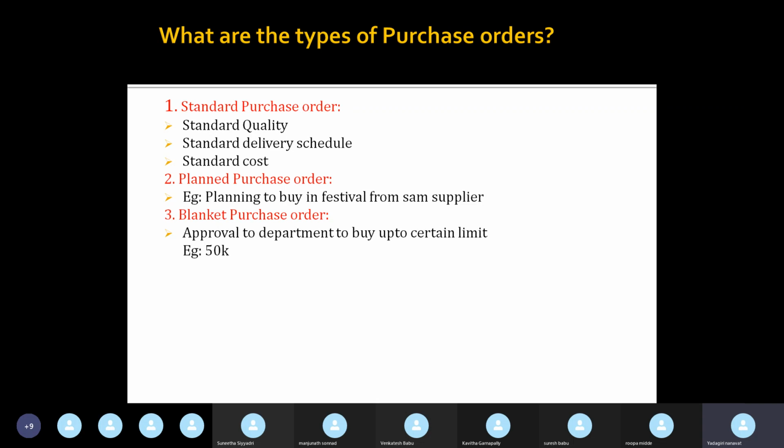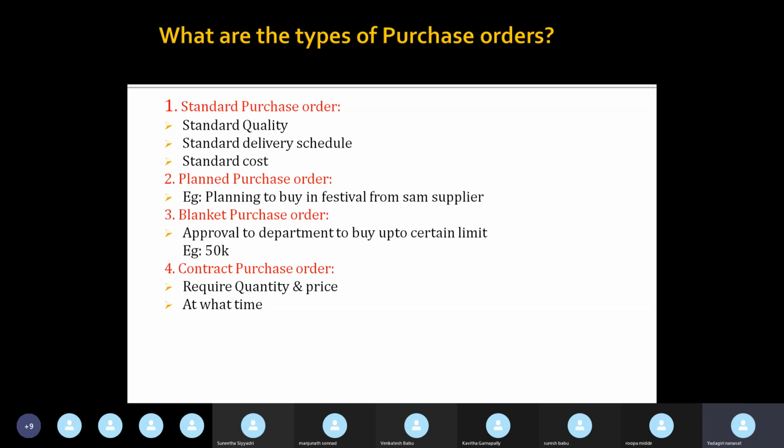So within that limit only, whatever material is needed, we have to purchase. The contract purchase order is the same, with required quantity and price as per contract. We will make the purchase order, and at what time we need the goods and everything like that. These are the four types of purchase orders.